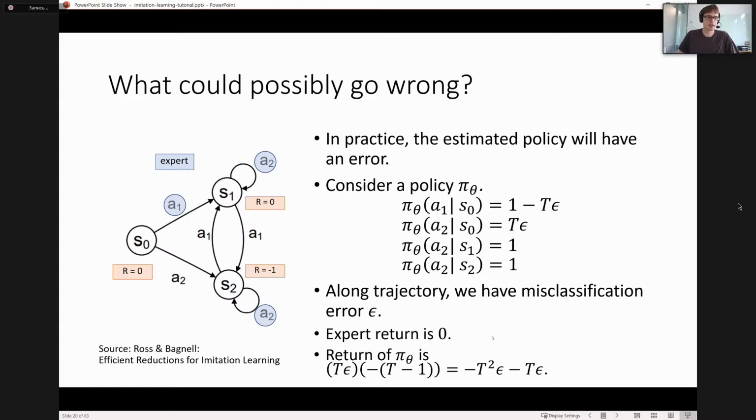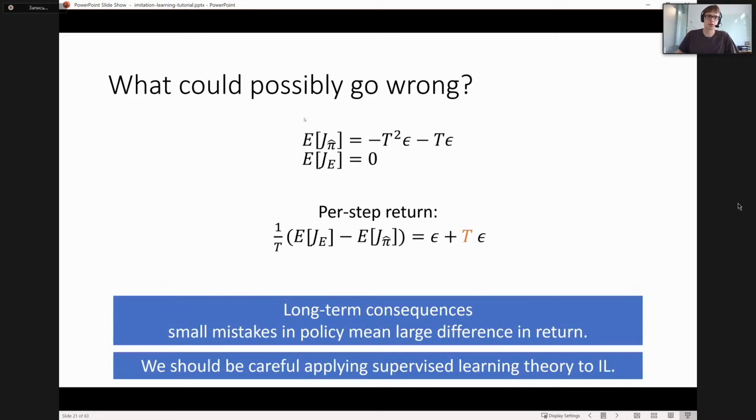The return of the imitation learner is, with probability T epsilon, I'm going to get this, right? Because T minus 1 times, I'm harvesting this -1 here. And so I have this term. And now let us do some math on that term to see why that's bad. So just to recap, the expected sum of rewards of the imitation learner is given by this term.